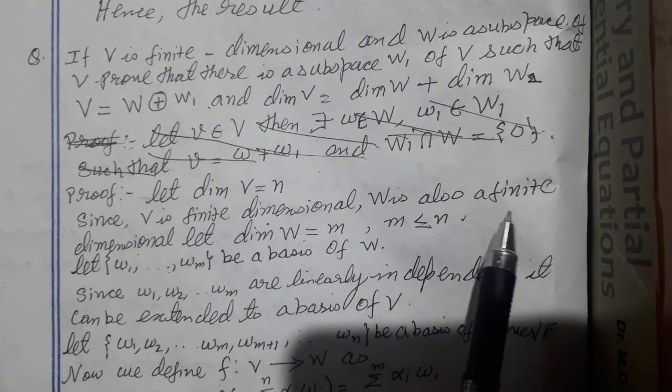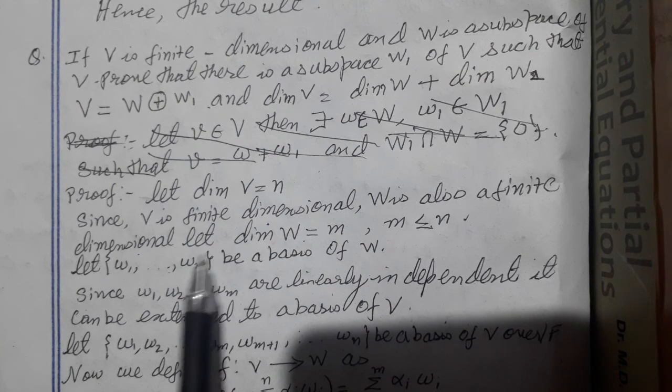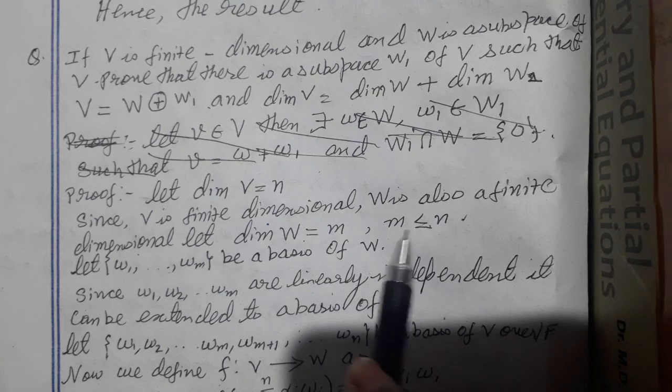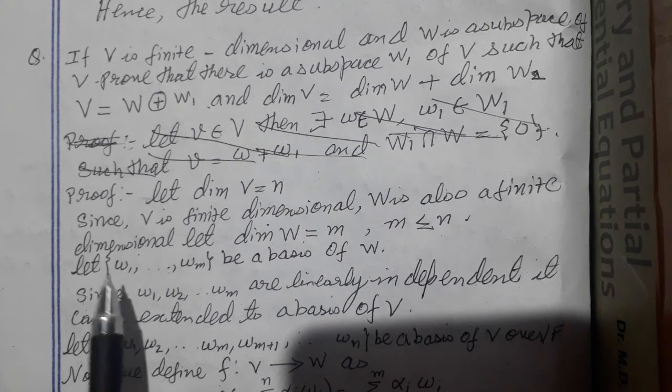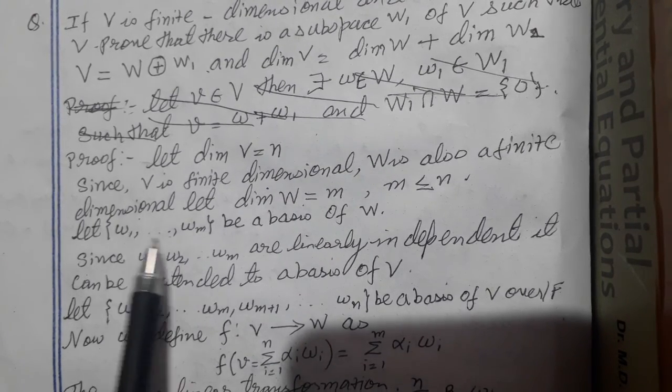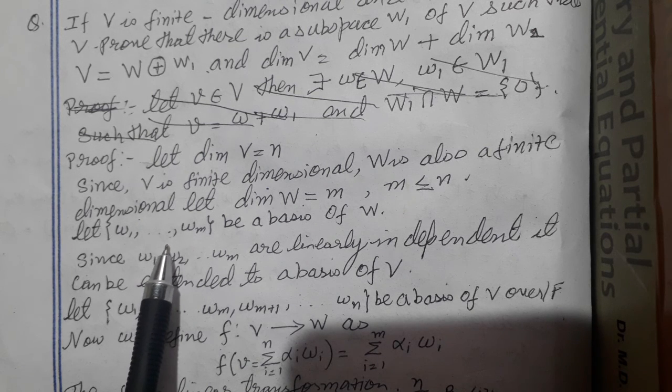Now since V is finite dimensional, W is also a finite dimensional vector space. Okay, so I take the dimension of W to be m, with the condition that m is less than or equal to n. And I'm taking w1 till wm to be the basis of W. Now since this is a basis, these are linearly independent.